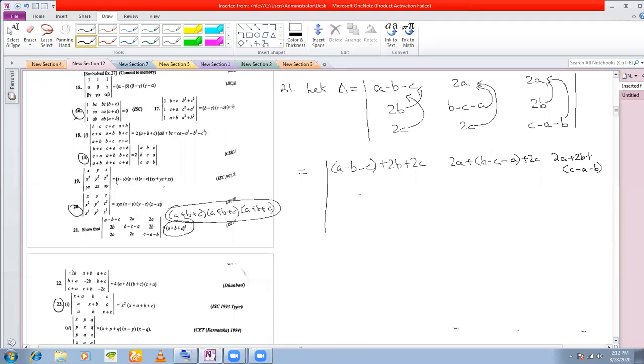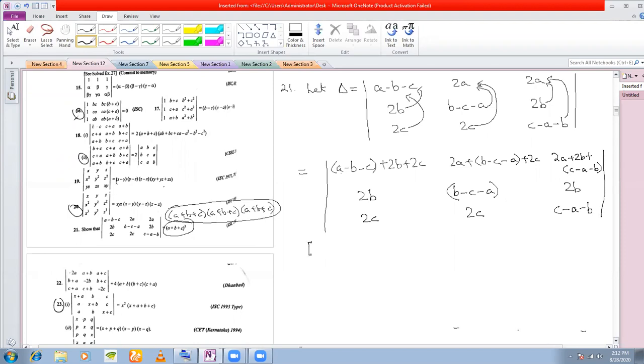Okay, and these two remain as they are. 2b, b minus c minus a, and 2b, 2c, 2c, c minus a minus b. These two remain as they are.